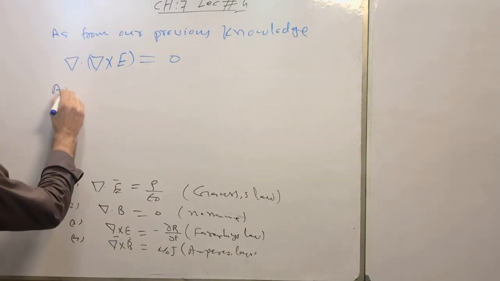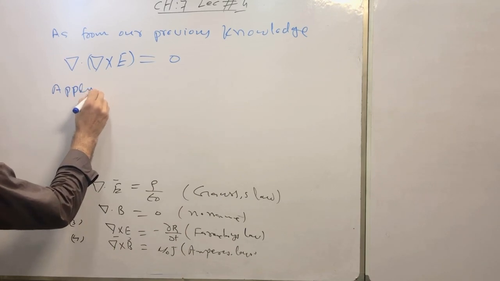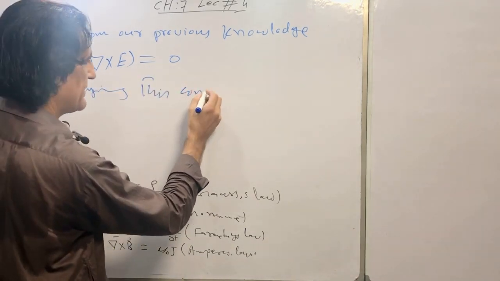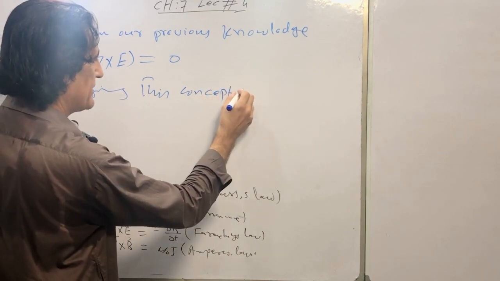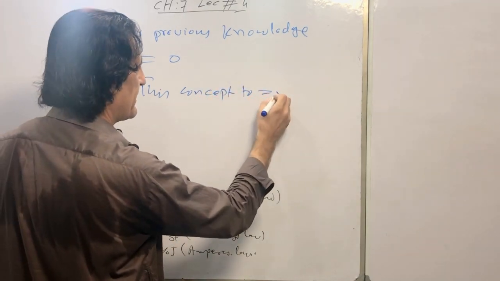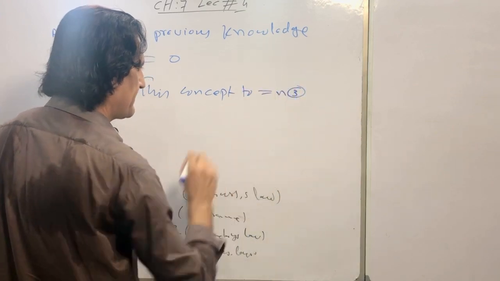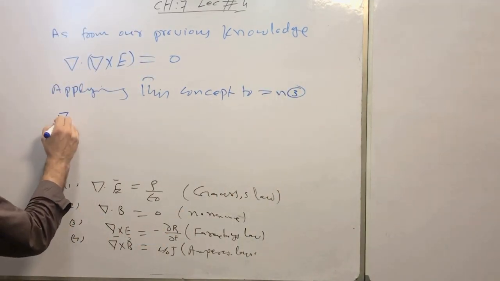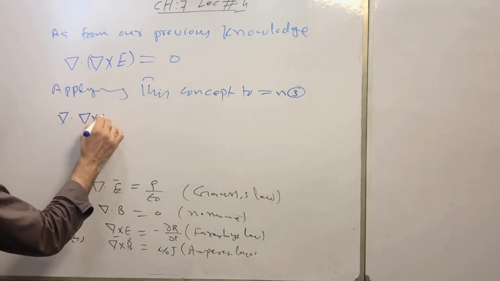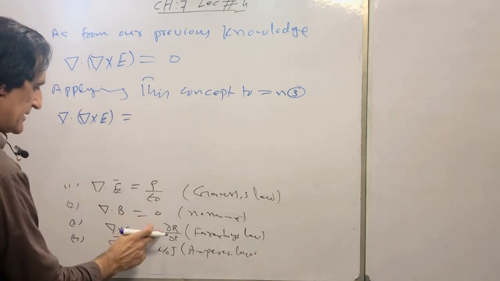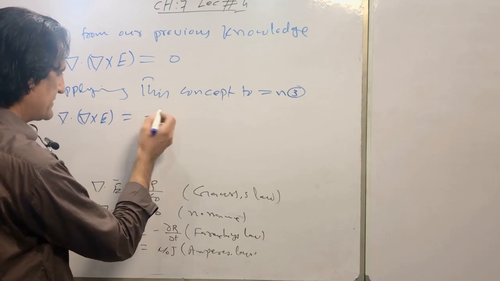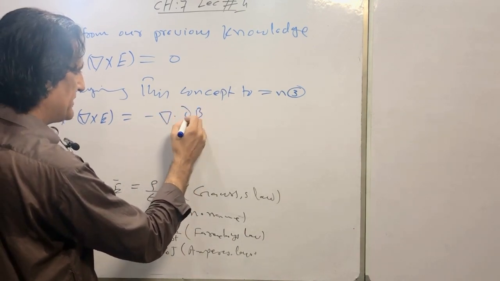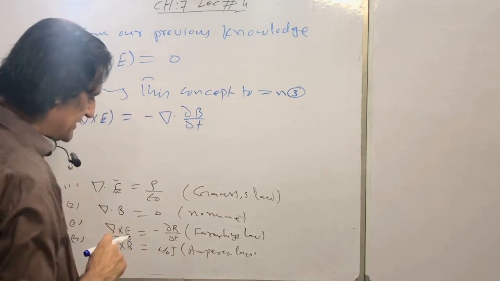Applying this concept to equation 3, what we have is divergence of curl of E. We can also apply this to the right side, divergence of partial B divided by partial t.